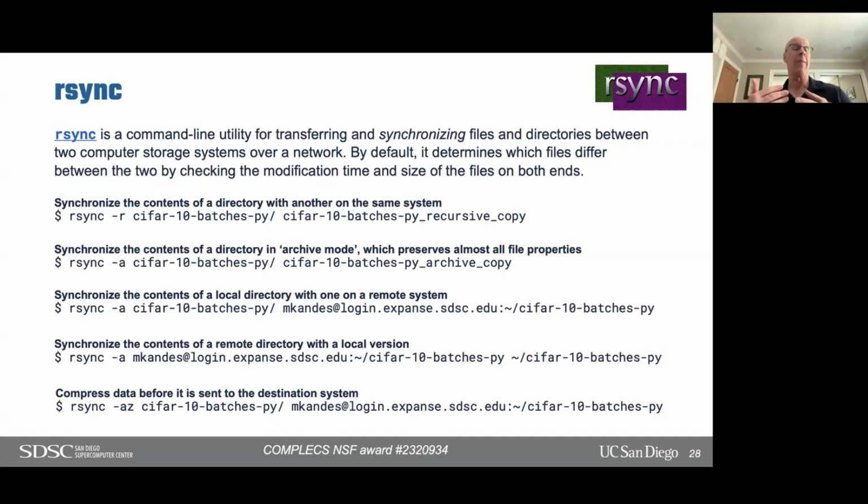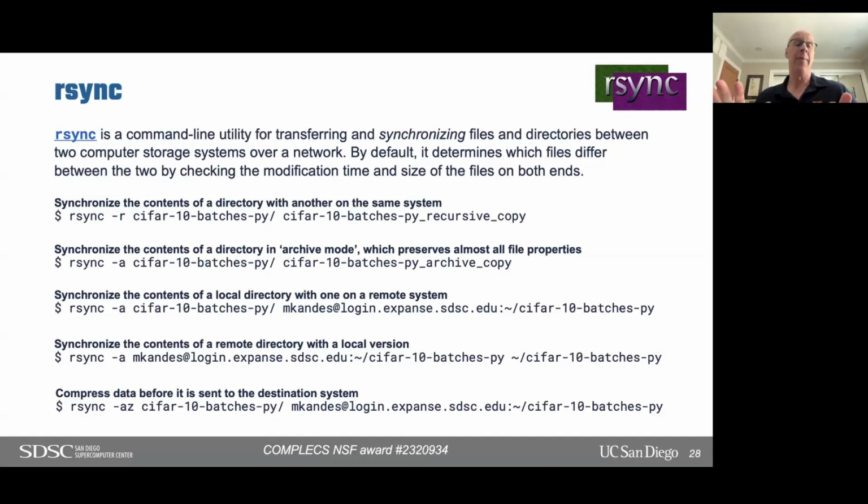And we would want to transfer all of the data to SDSC so that we could aggregate and process it here. By using rsync, we didn't have to go back and look at each file and say which files are new, which are modified. It would automatically do this transfer in such a way that it would only transfer the files that are either new or that had been modified.